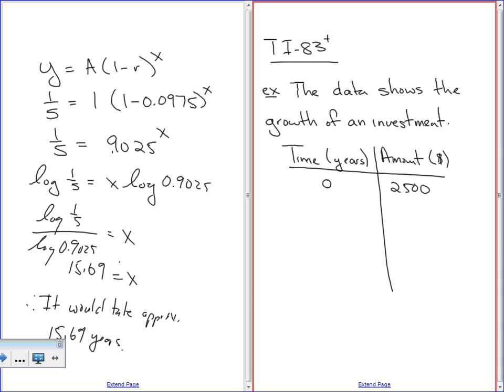And then after 3 years, your money has grown to $3,238. After 4 years, it's $3,529. And after 6 years, it's $4,193. What I want you to do is to come up with an exponential model that represents this data. And then once you do that, I want to figure out how much money you would have after 10 years.